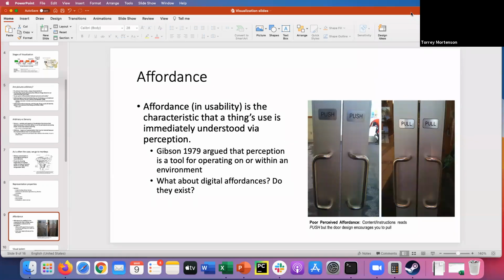But they do seem to have some power beyond just the traditional, a situation where there are no affordances. So they don't seem as strong as physical affordances, but there's something in the middle there that they seem to occupy.